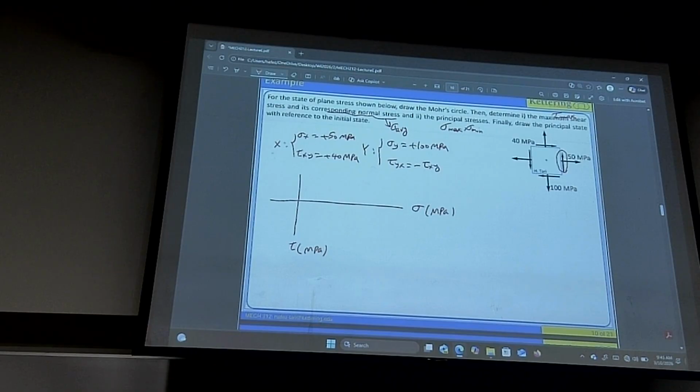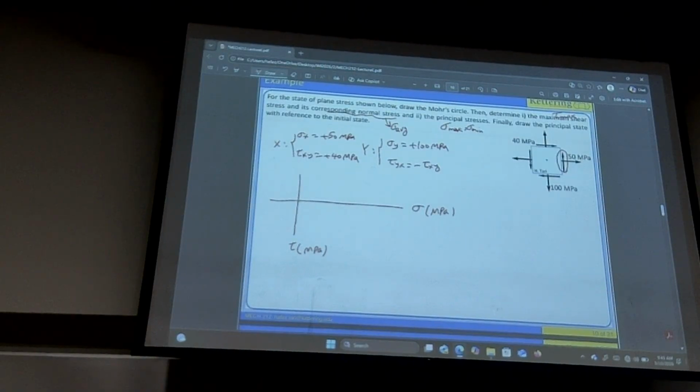Get me to point X. This is to the right positive, downward positive. So to the right 50. All right, somewhere here. X has 2 coordinates. To the right 50, down 40. So that's X, all right.